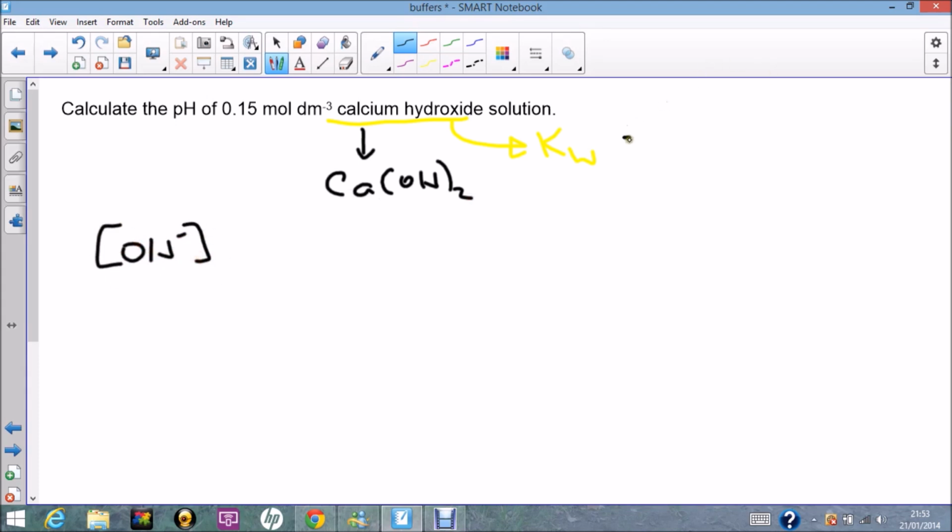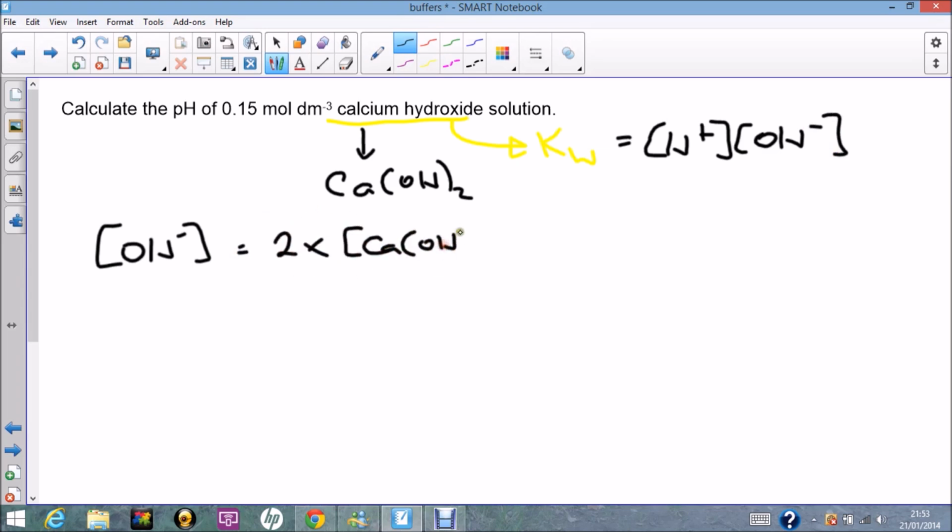Let's just write the Kw expression up here. So the concentration of hydroxide ions is equal to 2 times the concentration of calcium hydroxide. You'll notice that we need to times that concentration by 2 because each calcium hydroxide contains 2 hydroxide ions.